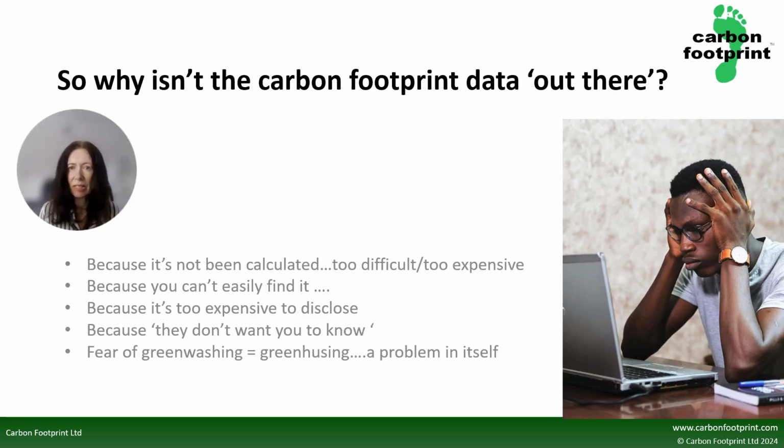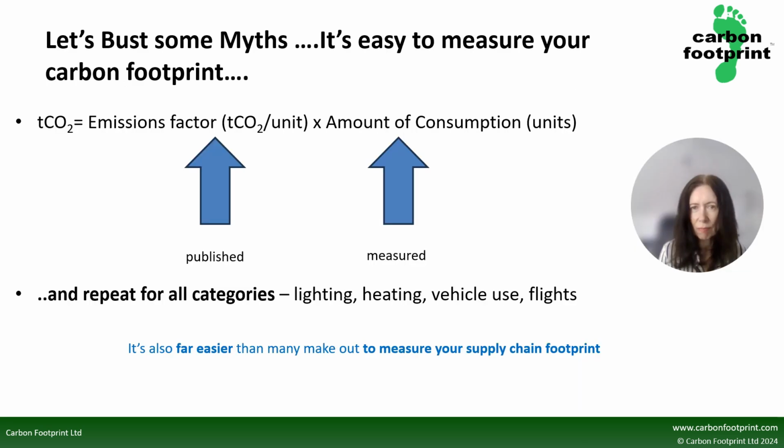Let's first look at the reasons that the data isn't out there. Sometimes it's true that it hasn't been calculated because it's perceived to be too difficult. On other occasions, it is hidden behind a paywall and folks don't have the budget to access those things. Let's do some myth busting on calculating carbon footprint emissions for businesses. It's ultimately down to multiplying two numbers together.